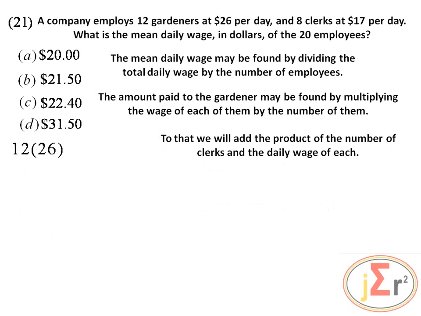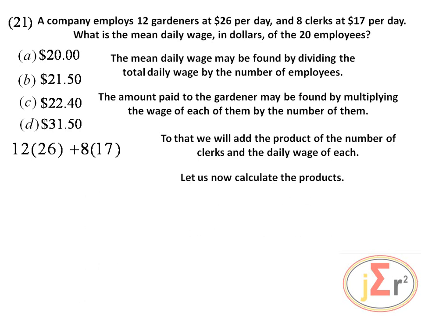How much is paid to the clerks in total? We will take the amount paid to each clerk and multiply that by the number of them. The total wage daily will be the total of those paid to the gardeners plus the total of those paid to the clerks. So let us add that.